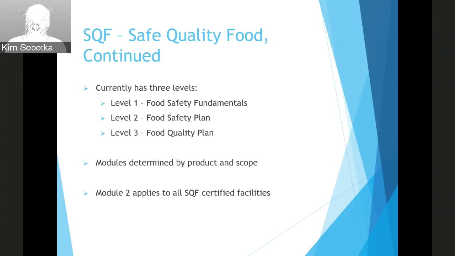So once you figure out where you're at in that, and I know that there are Utah companies going through the SQF process, you can narrow down what you need to look at and what modules actually apply to you. Otherwise, you'll be doing a lot of redundant work and stuff that's not necessary for you. So you determine what your product is, what your food sector category is, and then what your corresponding modules are. But module 2 applies to everybody.